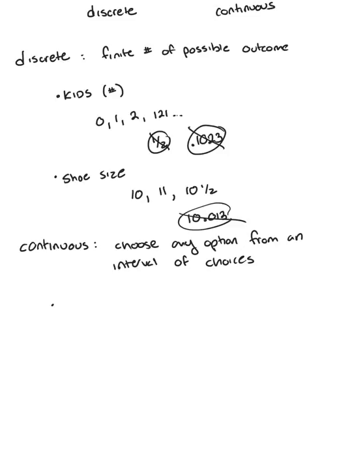So for instance, let's talk about weight. Now, if I ask you what weight you are, you might say I'm 171 pounds. You could be a little more exact. You could say I'm 171.5 pounds. Or maybe you just happen to have stepped onto an industrial scale and you know that you're actually 171.5, 1, 2, 3, 6, 7.